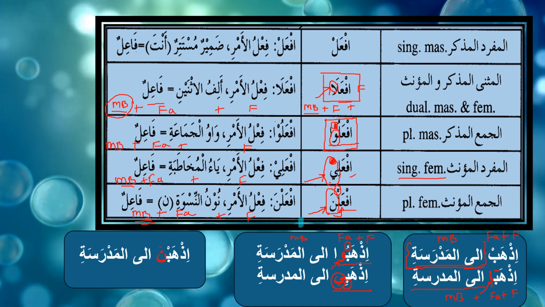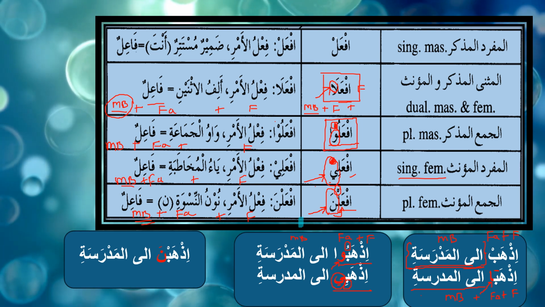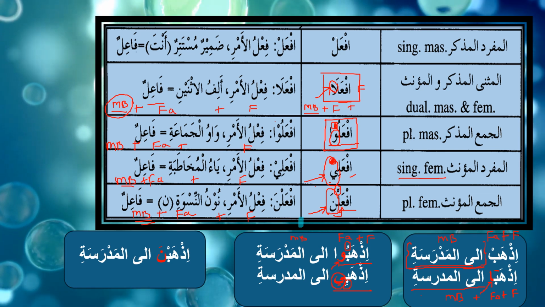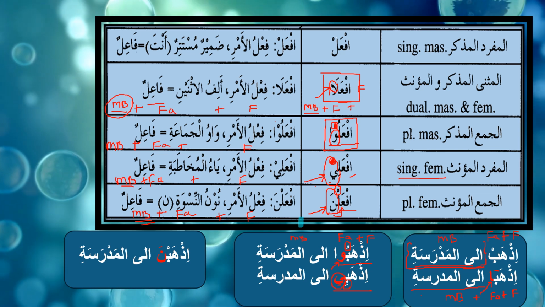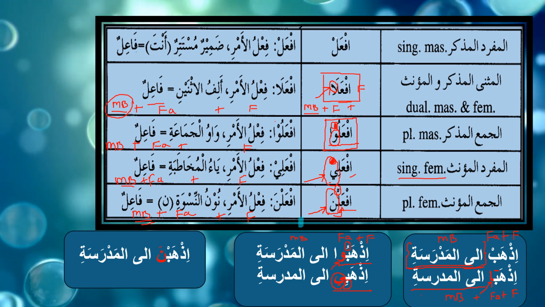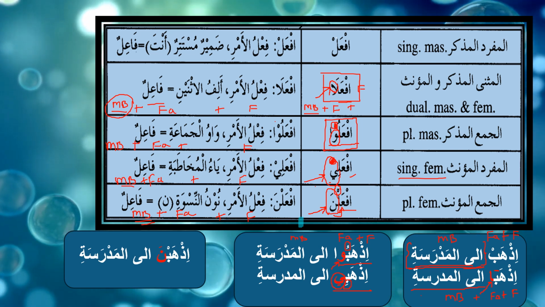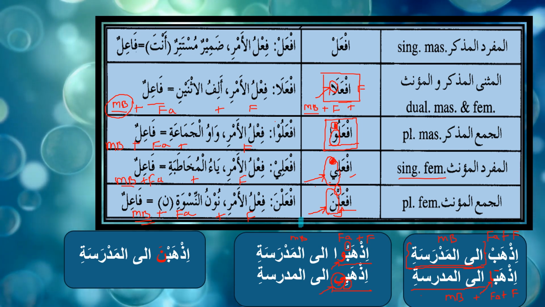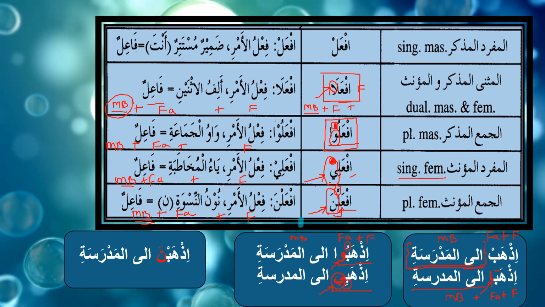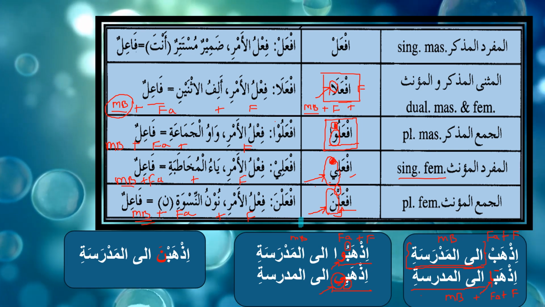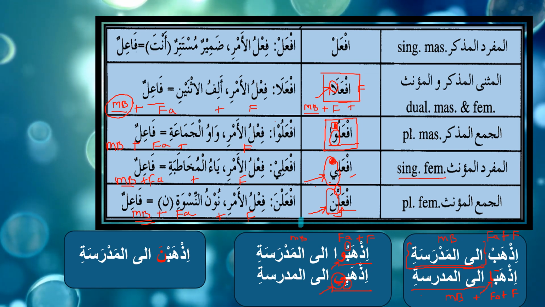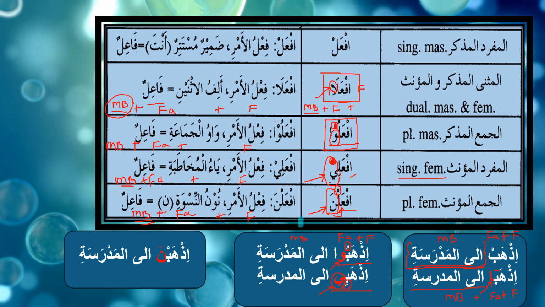All these changes of the haraka on the last letter, dhamma, fatha and so on, are due to the damir coming, not because of changes in the structure of the command verb. Remember that. Here in idhabi, seeing the ya al-mukhataba, know that this command is for a feminine singular. Idhabi ilal madrasati: go to the school. Even though you don't find the name of a feminine, just seeing the ya al-mukhataba, you know that this command is for the feminine singular.